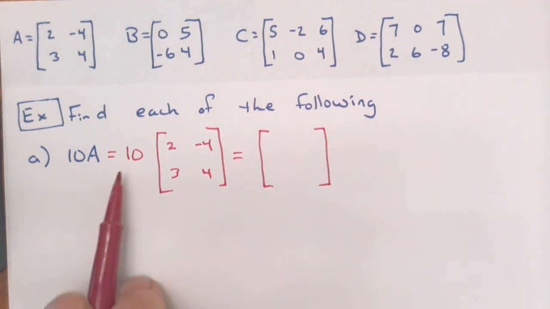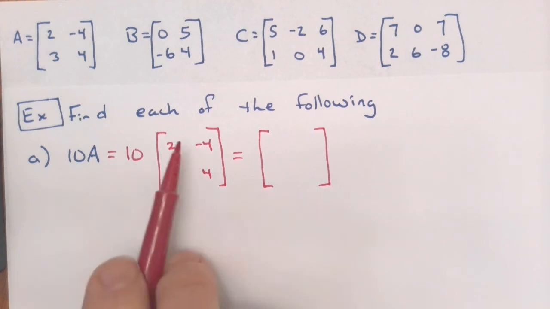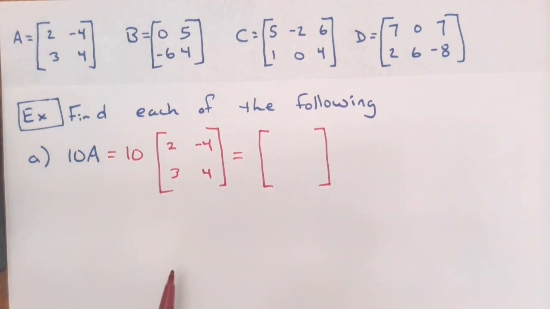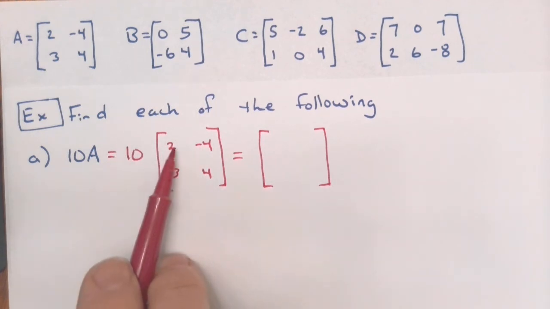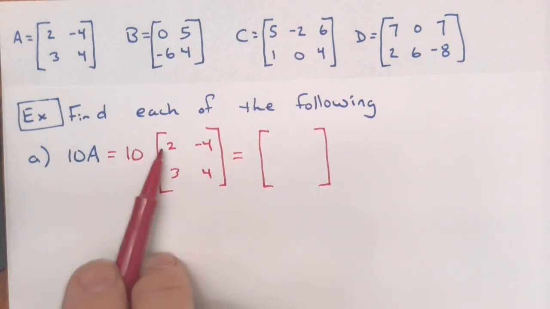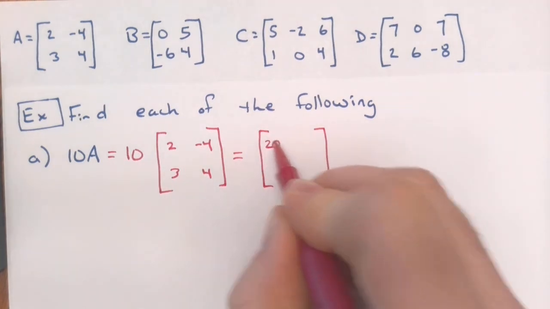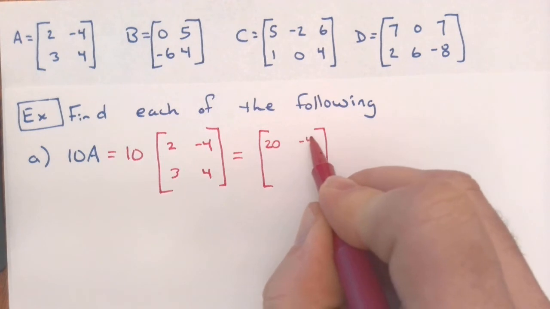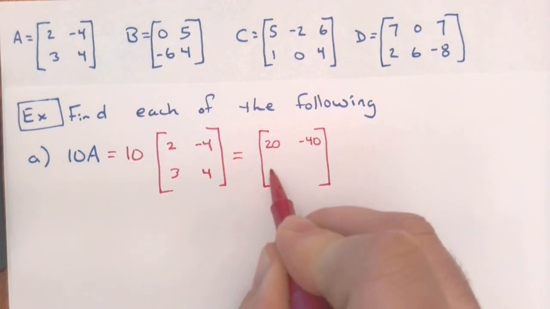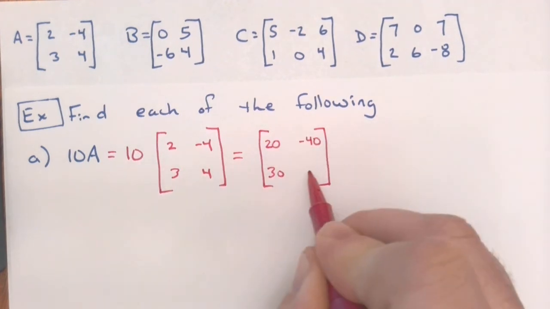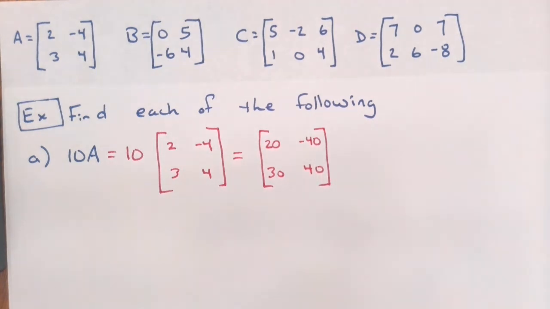And what you need to do is take the number that's in front and multiply each one of the elements on the inside by that number. So I want to do 10 times each one of these values. So 10 times 2 is 20, 10 times negative 4 is negative 40, 10 times 3 is 30, and 10 times 4 is 40. That is our answer to that scalar multiplication problem.